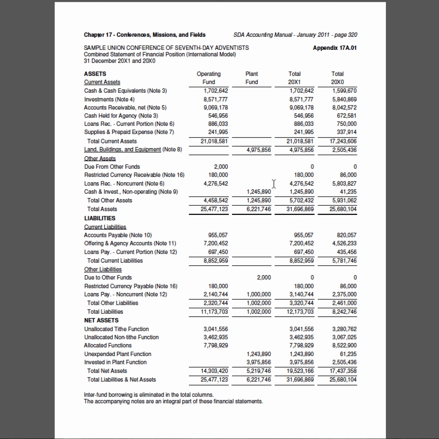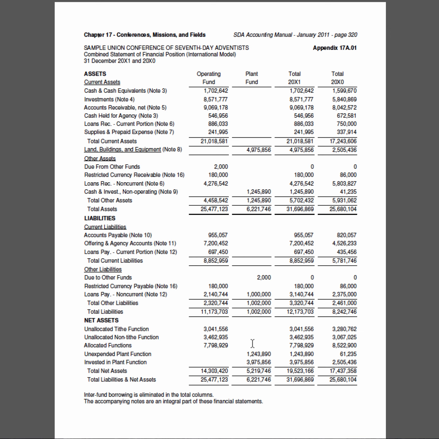So in the example, the accounting manual, there's $1,245,890 of assets there, and that sub-fund owes the $2,000, leaving a fund balance for that sub-fund called the unexpended plant fund of $1,243,890.